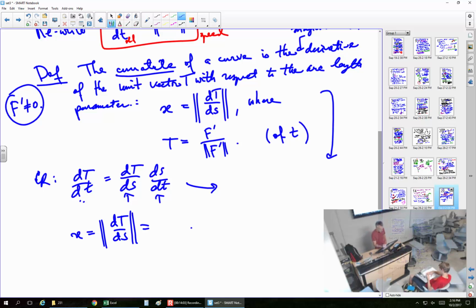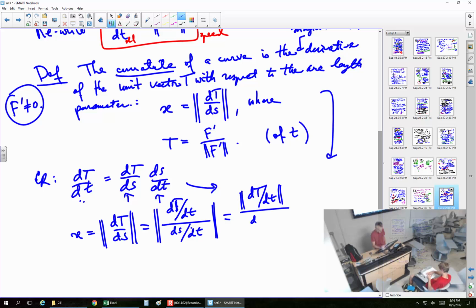According to the previous formula, it will be dT/dt over ds/dt, magnitude. Excuse me. Okay, so I spread it out. ds/dt becomes the absolute value, or not. No, you don't need absolute value anymore.